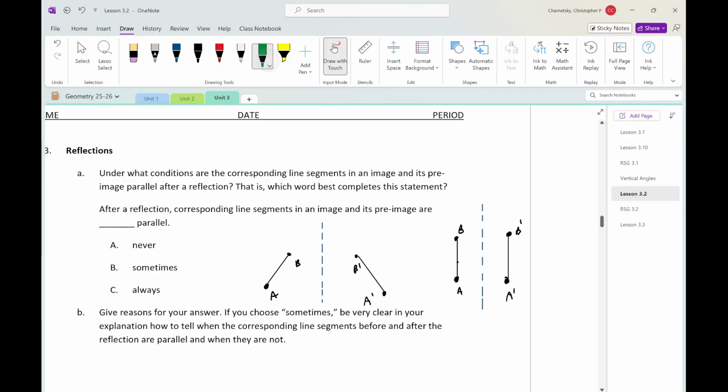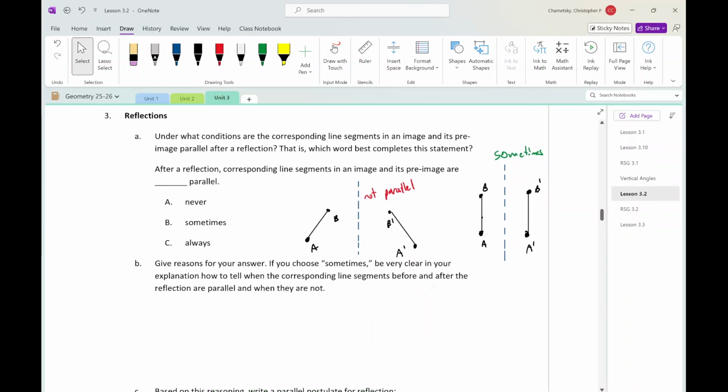Okay, so here's the sometimes. So in general, not parallel, except for that sometimes when our line of reflection is parallel to our segment in our pre-image.